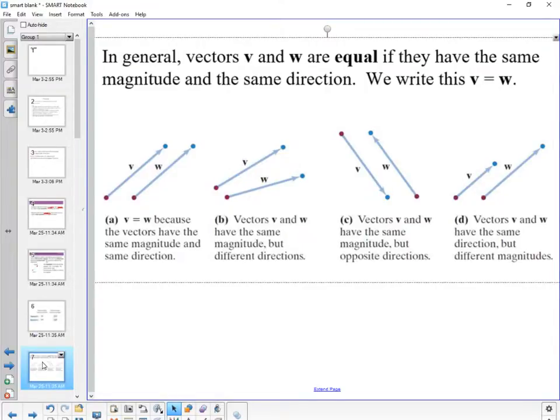No, they have to have both. I said that wrong, didn't I? Okay, correction. This is the only one they're equal because they have the same magnitude and the same direction. These are the same magnitude but different directions. Same direction, different magnitudes. This one we call equal. Okay.